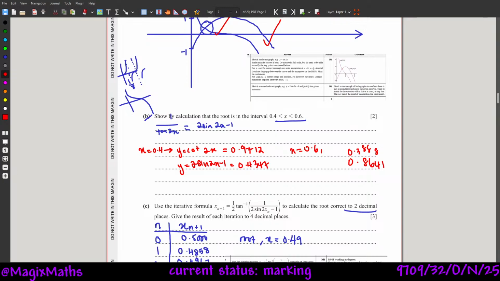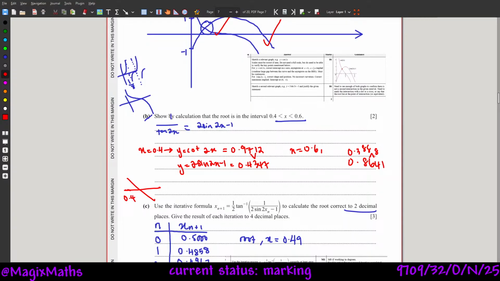Could see that this is greater than this, and it goes the other way around when x equals 0.6, which means if you try to draw a line, it'll look like this. There's a crossing of paths, right?